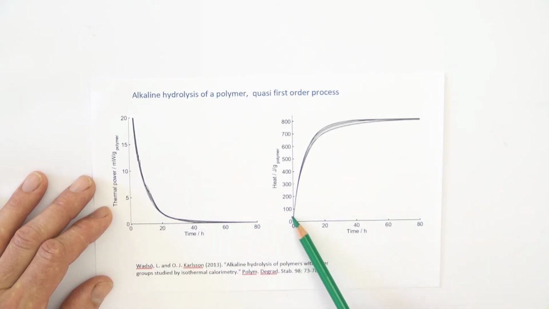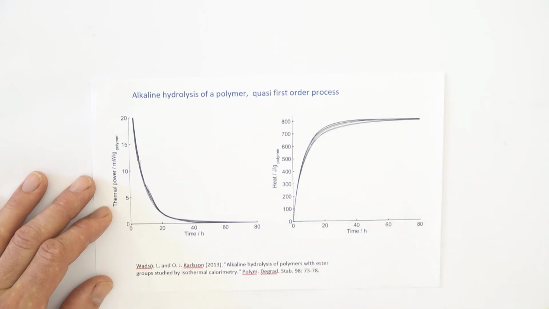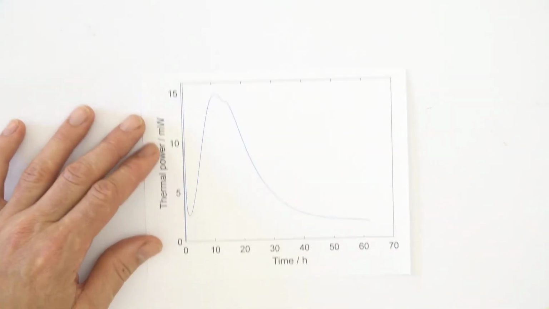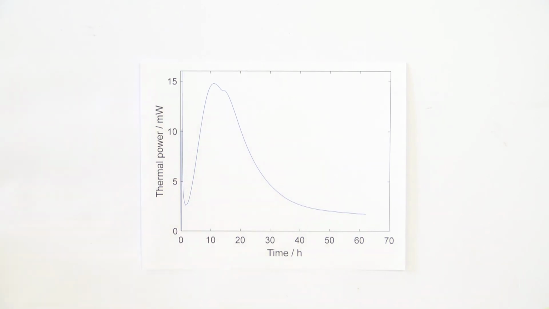And then I could construct this heat. It would have been better if I didn't need to do this, but I had to because of the initial disturbance.